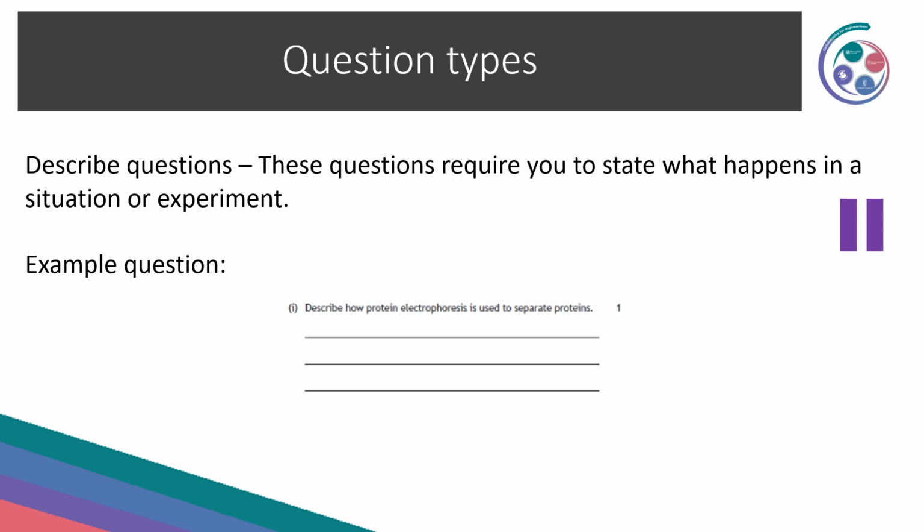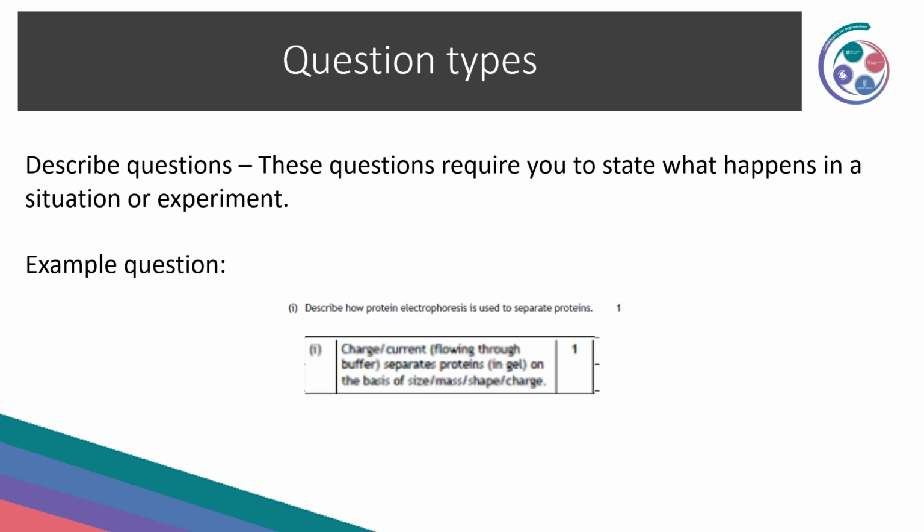So pause the video just for 30 seconds or for however long it takes you to answer this question, and we'll go over the answer in the next slide. The kind of thing that you would want to put as your answer, they've said, is that charge or current flowing through a buffer separates proteins based on things like size, mass, shape, or charge.